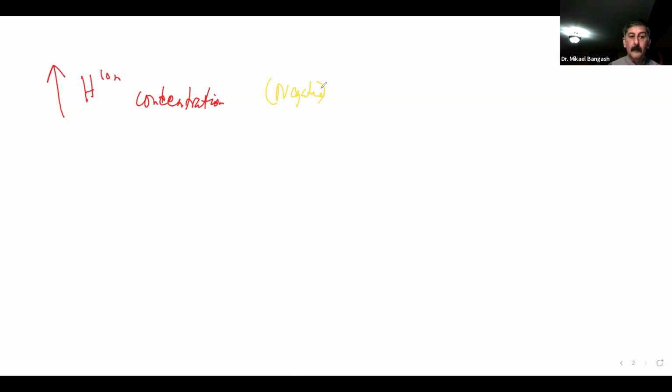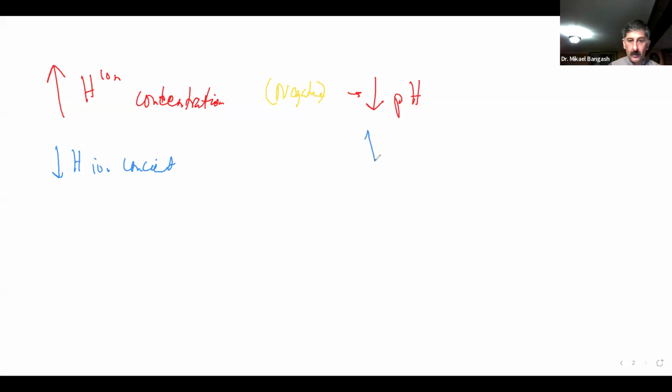That's how a high hydrogen ion concentration will lead to a low pH. Whereas on the other end, a low hydrogen ion concentration will cause the pH number to be great.